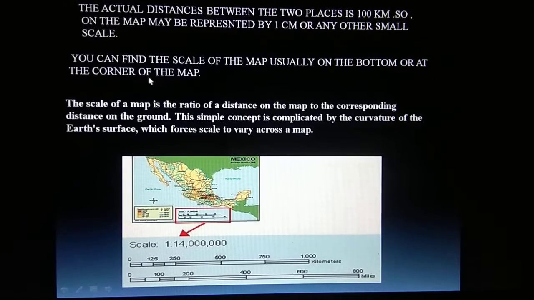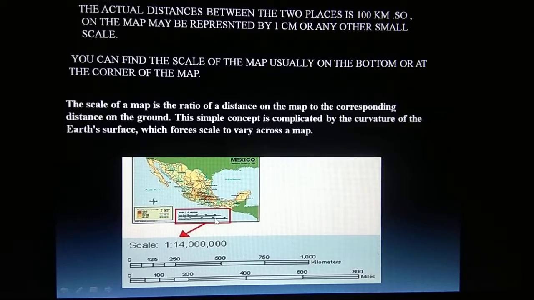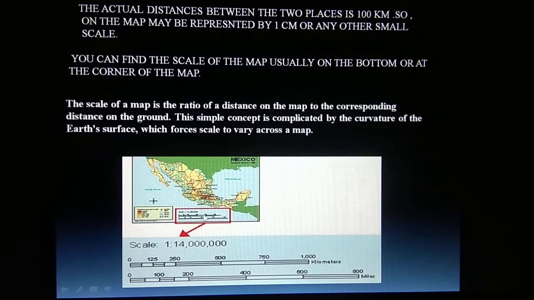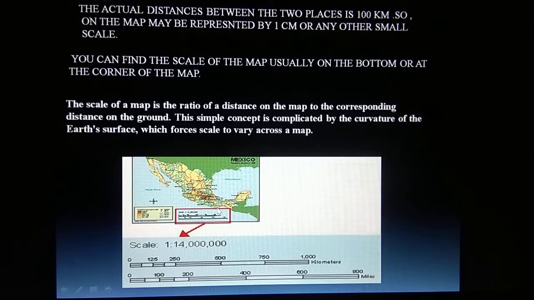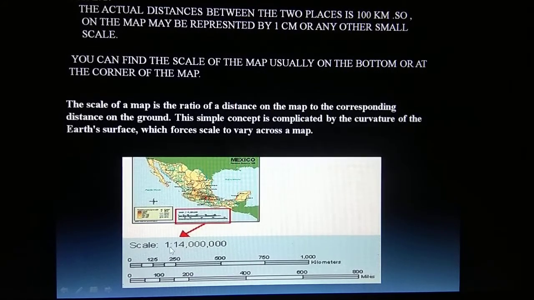Got it? Now you can find the scale on the map usually at the bottom or at the corner of the map. If you see over here, this is the scale and it is at the bottom of this Mexico map. As the scale is very small, I have enlarged it and you are seeing that the scale is 1:14 crores.